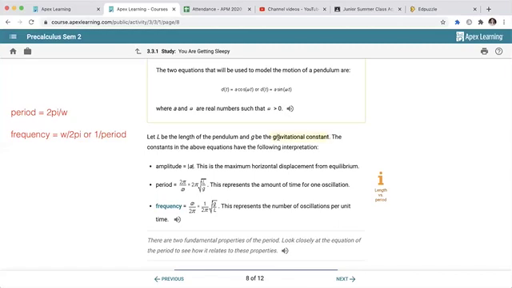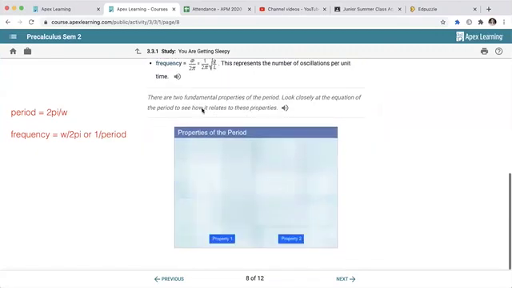So it's the same equation, but we replace our omega value in terms of our length and gravitational force. We just update our frequency and period equations slightly. Again, we can look at these different properties.